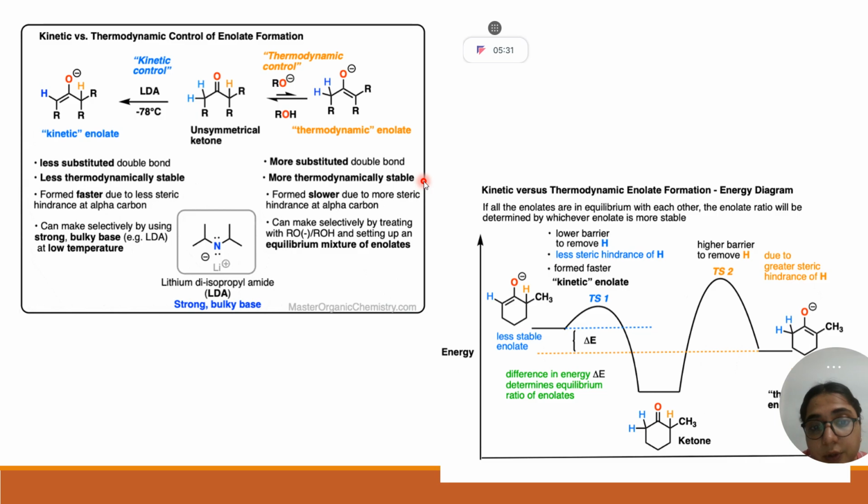And if you want the thermodynamic product, you need bases like RO minus, basically alkoxides, right? RO minus and other things. These are formed slower. Why? Because here there is steric hindrance, but still the base has to abstract this proton. But why is it the thermodynamic product? Because this alkene, the right side alkene, is more stable than the left side.